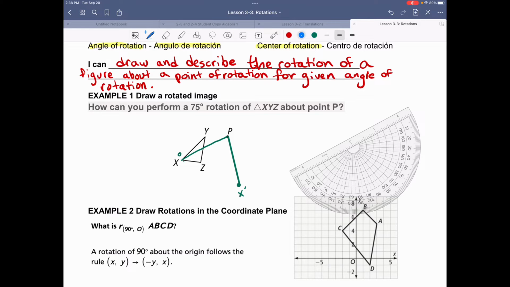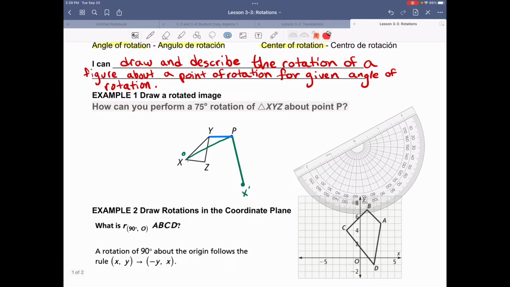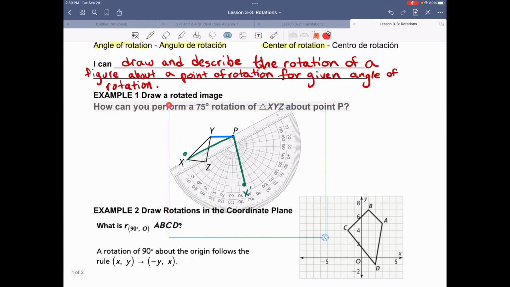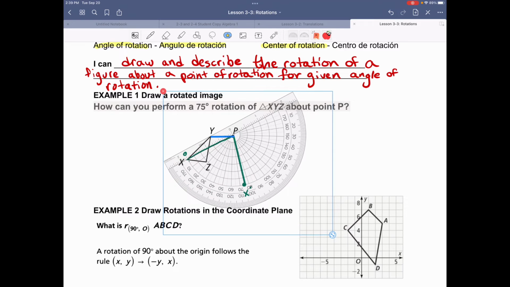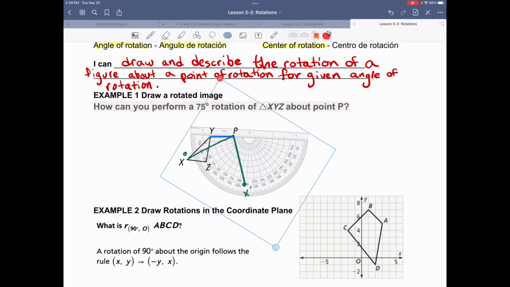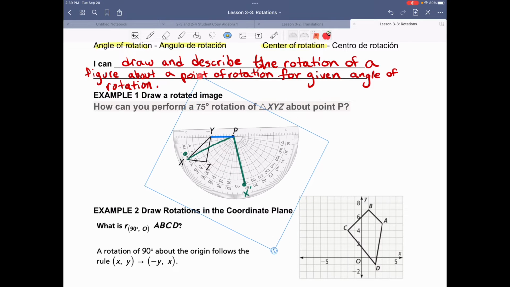Next, we are going to figure out the line from Y to P. Just go in order, X, Y, Z. Then I need to put my protractor on P again. P will be here, and I'm going to rotate my protractor so that it is that same angle.